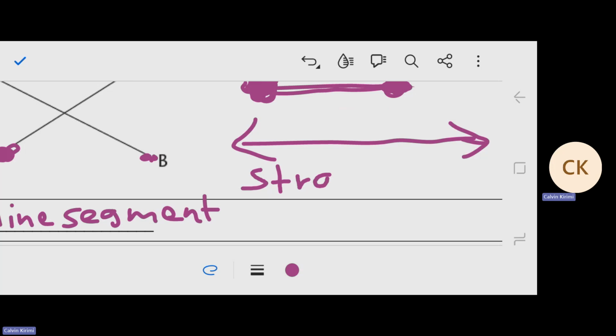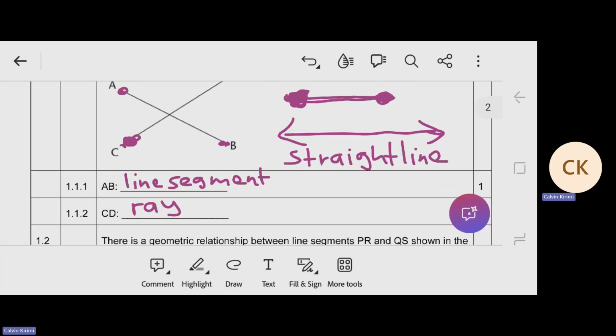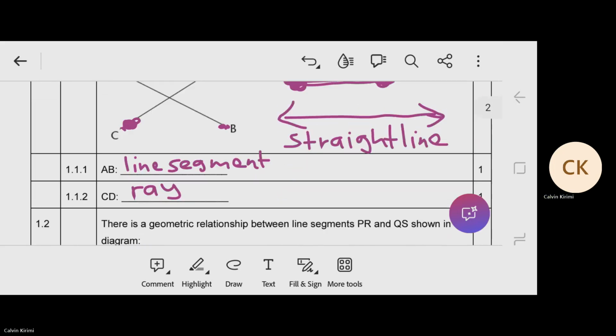So no definite starting point, no definite end point, indicated by the arrows.